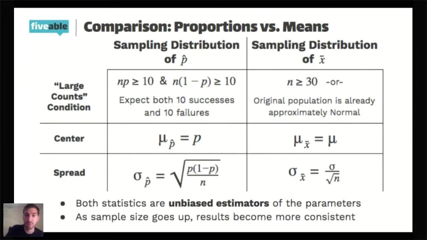And you can see in both formulas for spread, n on the bottom, meaning sample size in the denominator, is an algebraic way of showing that as sample size goes up, results become more consistent because those standard deviations go down. So the bigger your sample, the smaller your spread is expected to be when you're working with different samples from the same population.